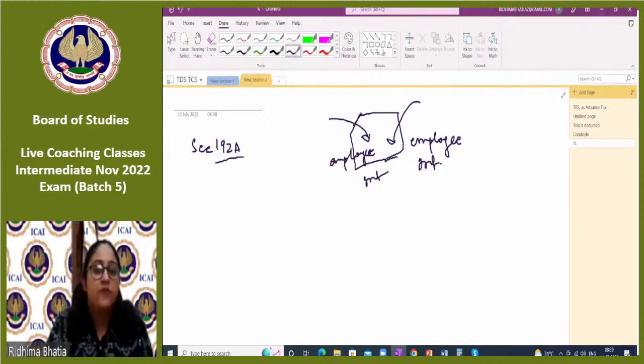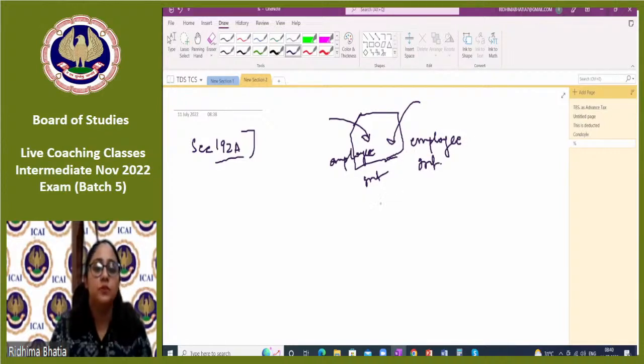And on this PF amount, 5 years of continuous service should be there before withdrawal. Do you remember? In PF, there should be 5 years of continuous contribution from the employer and the employee, and there would be interest given to you, and then you can withdraw the sum.